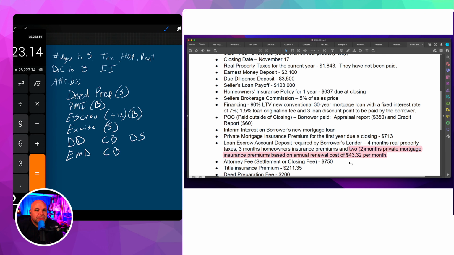You're paying the whole first year up front, but then you're also given a few months' worth to cushion the escrow account, so it's available in year 2 and beyond. Plenty available to be paid, because these things go up sometimes. Taxes could go up, insurance could go up, and it's just good to have enough.